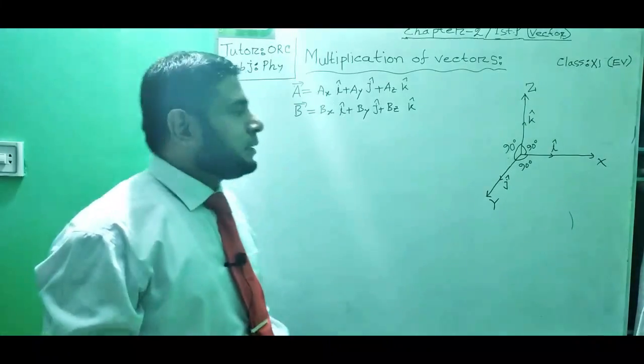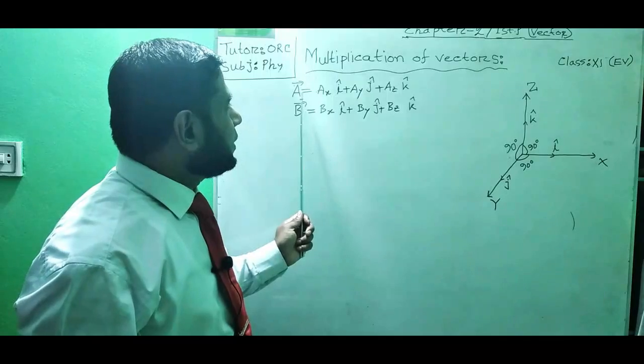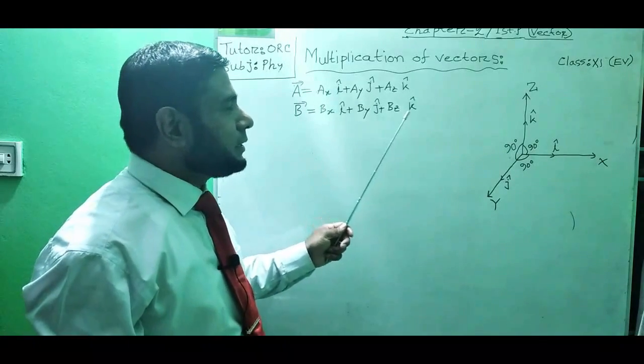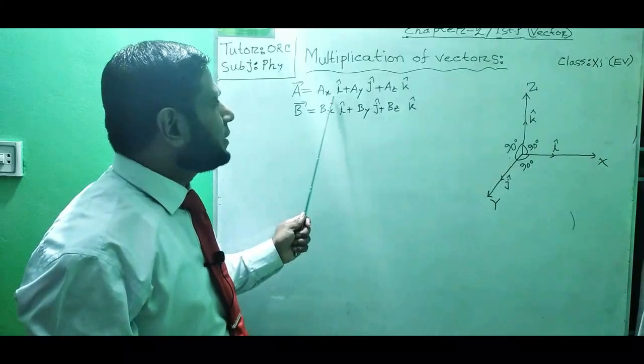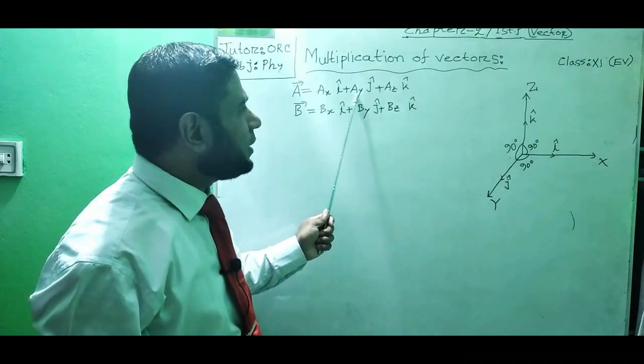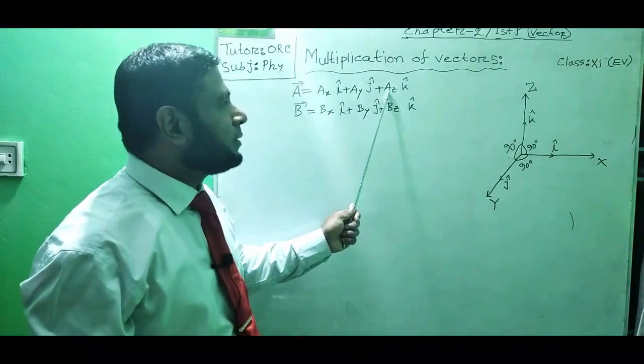Suppose here is given vector A, and vector A has components along all three axes. Along the x axis its value is ax, along the y axis its value is ay, and along the z axis its value is az.